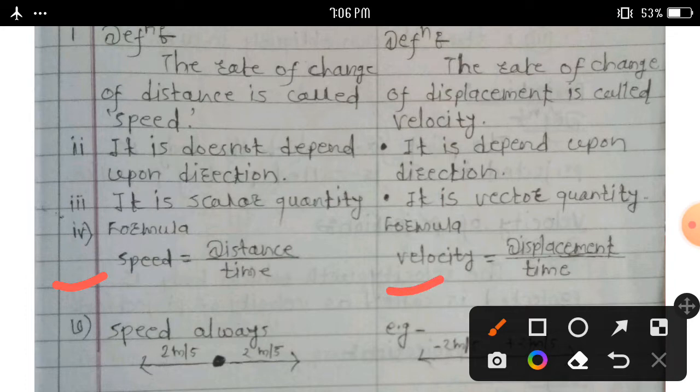See here, the best example of speed: 2 meter per second.